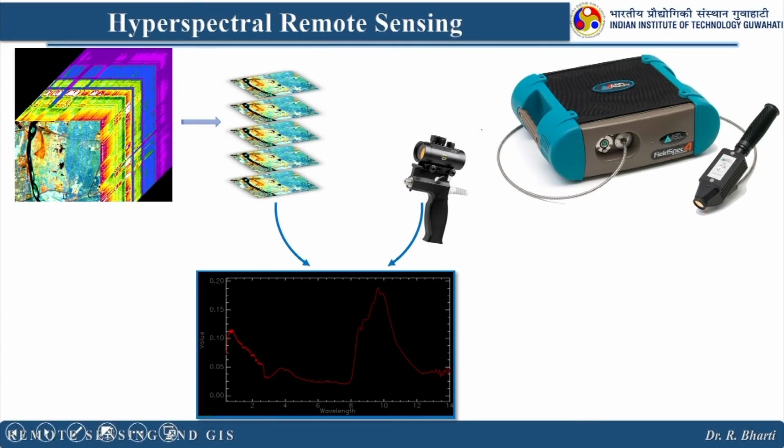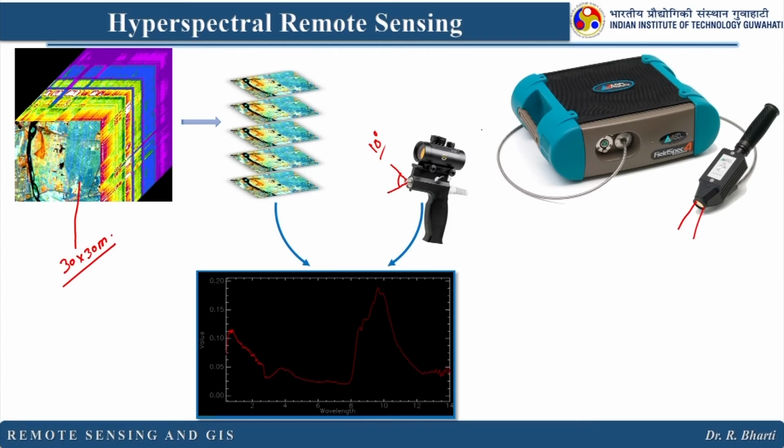because when you are in the field, the pixel size here is 30 by 30 meter, right, and here the field of view of this, let us assume this is 10 degree for example.